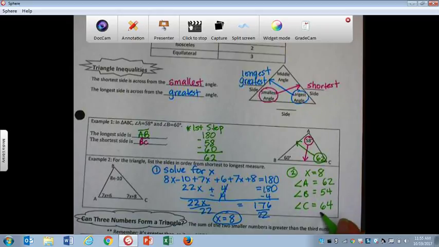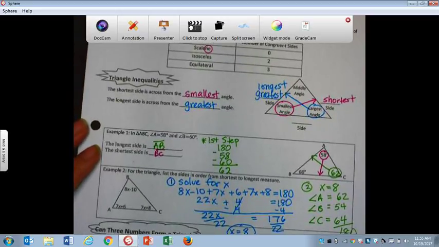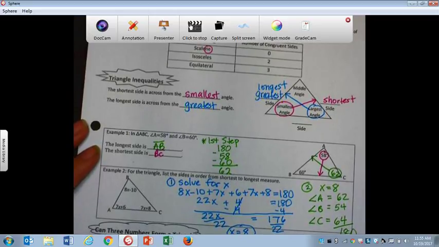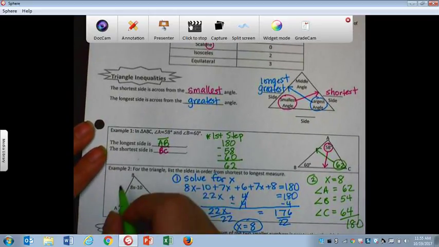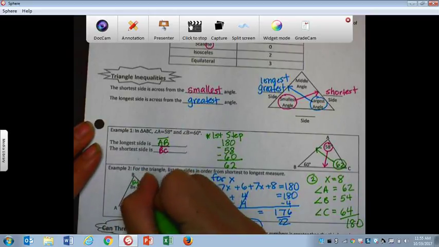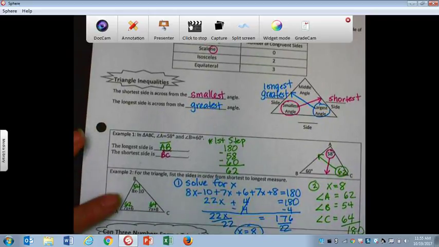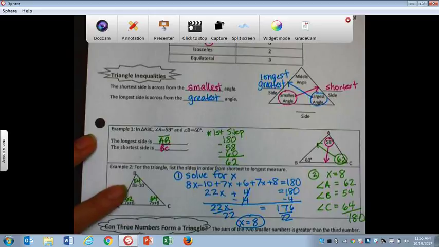I know I did it right because I got 180 degrees. So now it says list from shortest to longest. I'm going to write in my angles first: A is 62, B is 54, and C is 64. With those, can you tell me what my shortest to longest measure is?